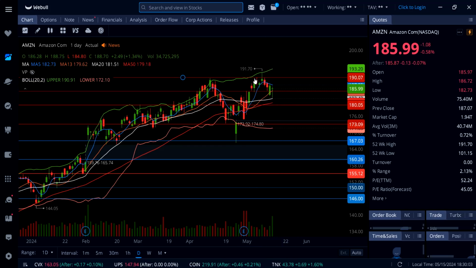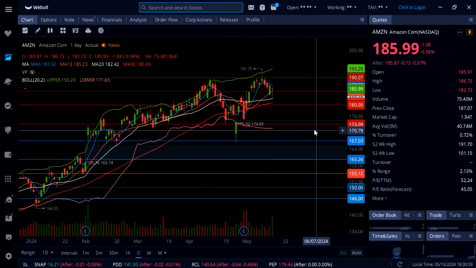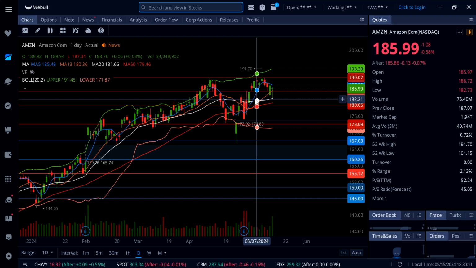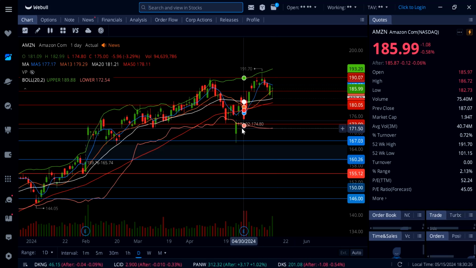Well, no confirmation until this neckline breaks, and so far we're nowhere near this neckline. So here on Amazon, above 185, watch out for the resistance right here at 187 to 188, and then 190. Below 185, watch out for the support 182, 180, and then possibly coming down here to close this gap at 173.92.